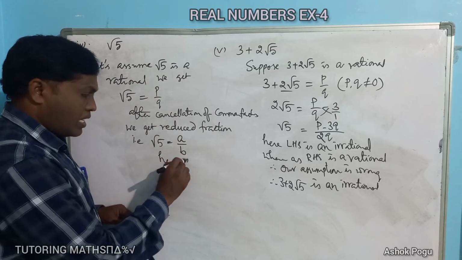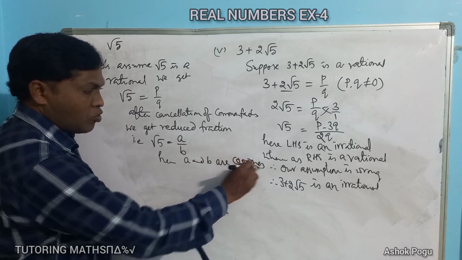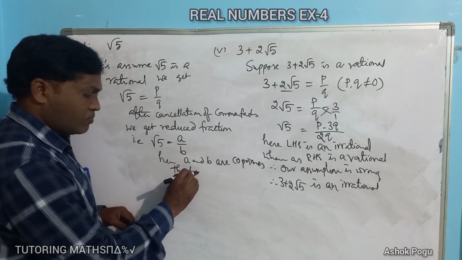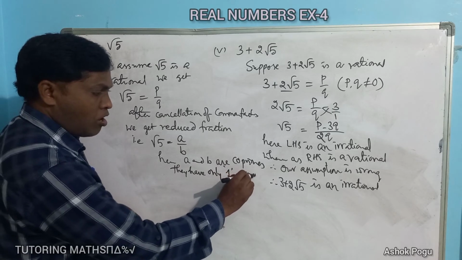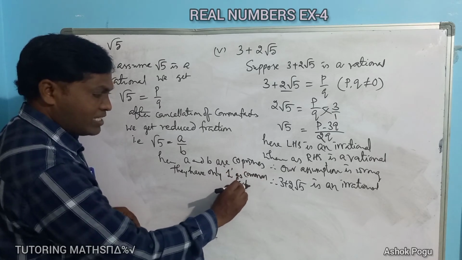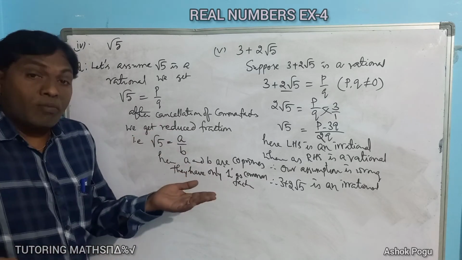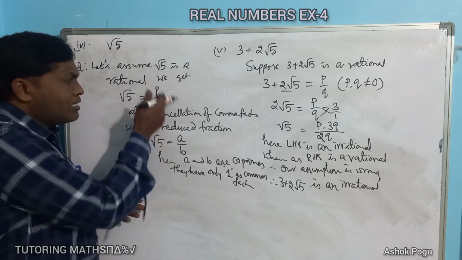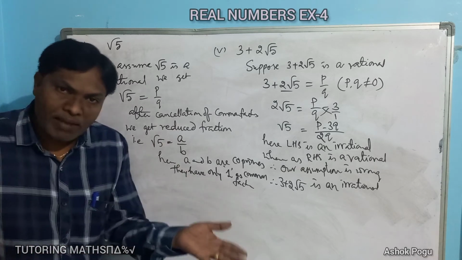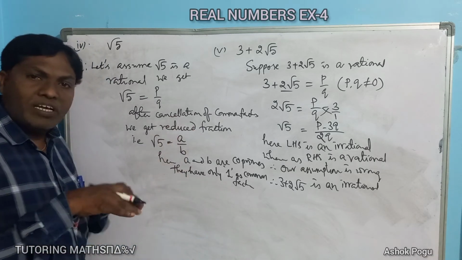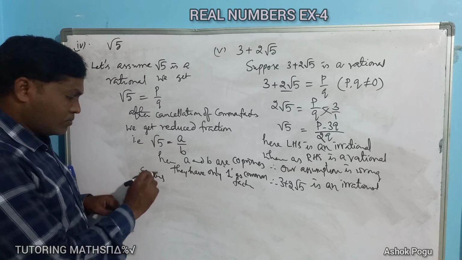Here a and b are co-primes. They have only 1 as a common factor. Only 1 is a common factor of a and b, because now a and b are co-primes. They don't have a common factor. If they had common factors, the cancellation would already be finished. So there will be no common factors. a and b are co-primes. We cannot cancel a and b with any common number. So now squaring on both sides.